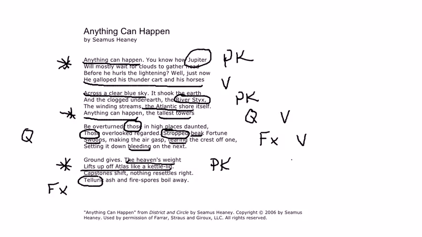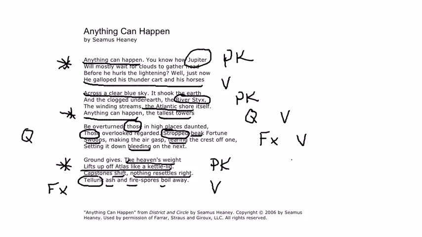I'm not even sure if I'm pronouncing that correctly, but it is used along with the word ash and fire and boil. So even though I don't know what telluric means, I'm again visualizing something very powerful, something very violent that has happened, that has left a mark, so that no matter what, things are not going to be the same because there's been a shifting and nothing resettles right.